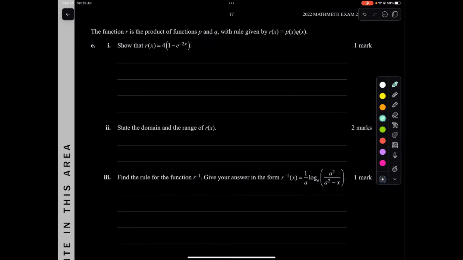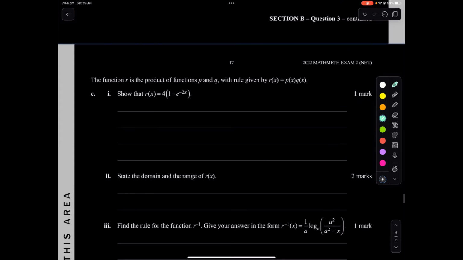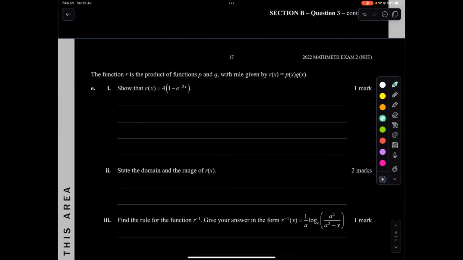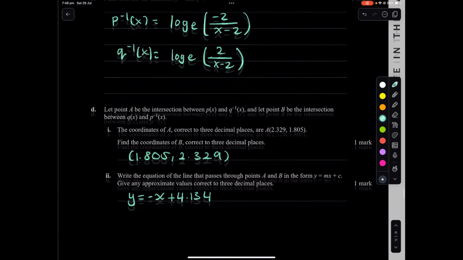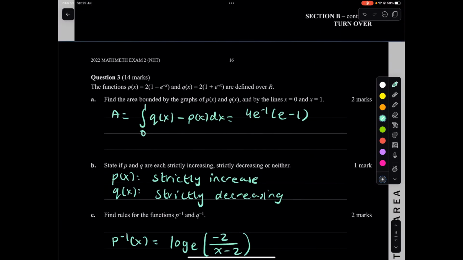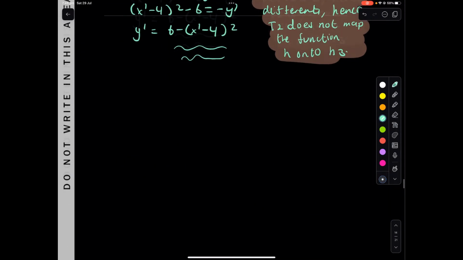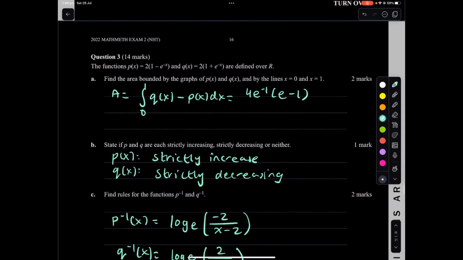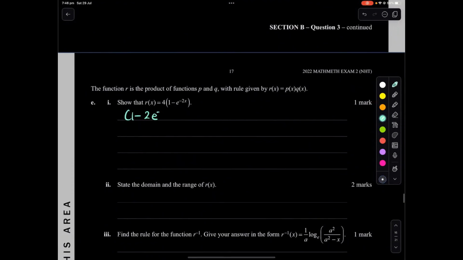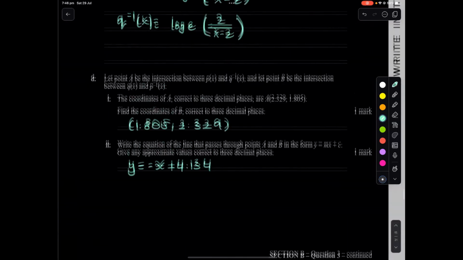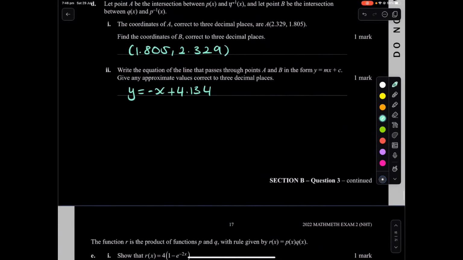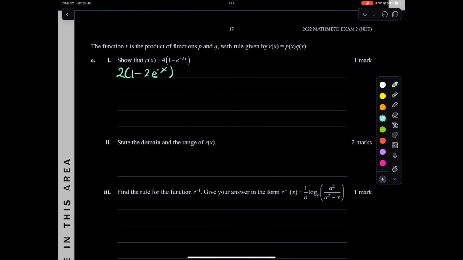Show that r of x equals this. To do that, p of x is 2 times 1 minus e to the negative x. The 2 is not supposed to be down there, just e to the negative x.